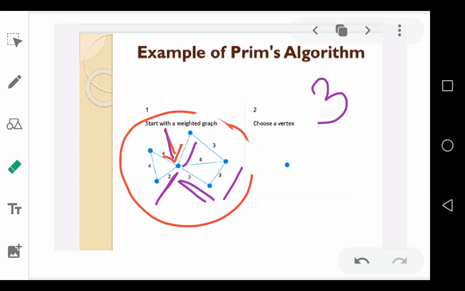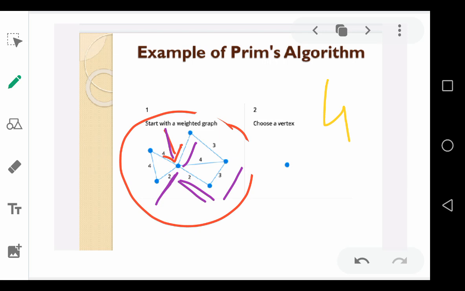I cannot choose this edge furthermore. So the adjacent edges of weight 3 are done. I cannot choose the adjacent edge having a minimum weight of 3, so I have to choose the adjacent edge having weight 4.